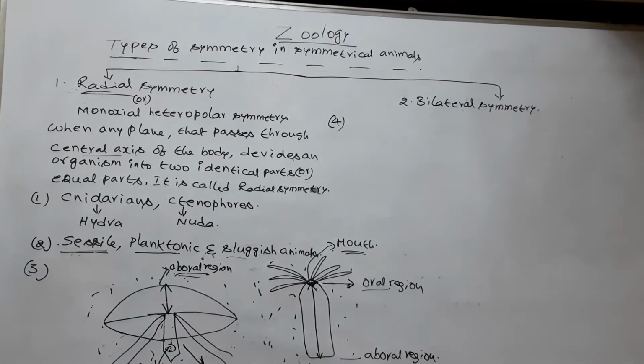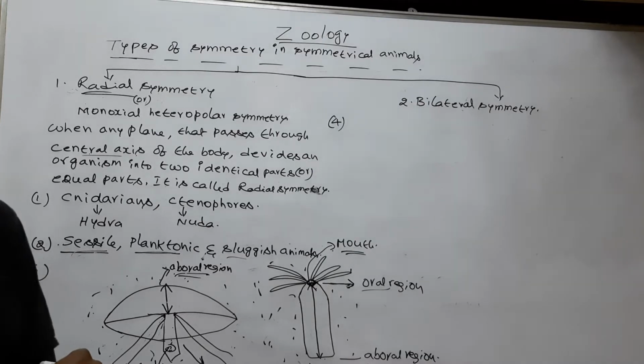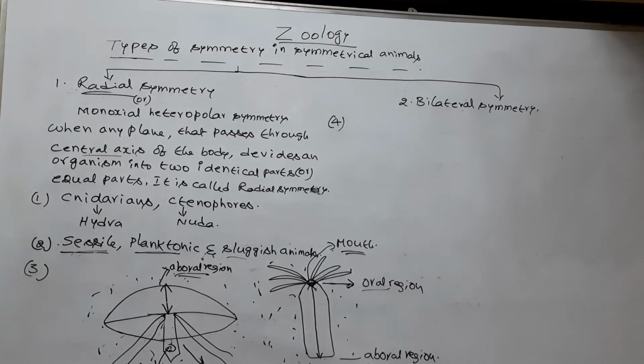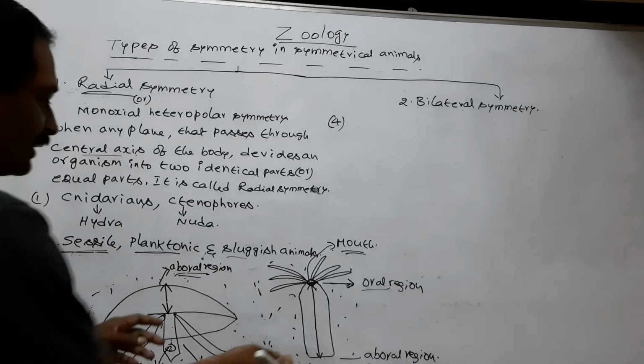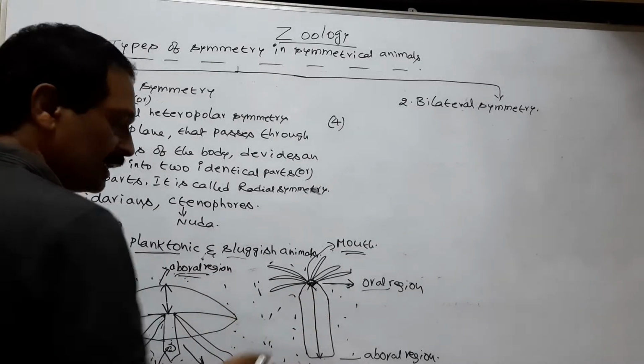Next, the animals which exhibit radial symmetry are aquatic, they live in water. They can respond to stimuli that arrive in all directions. For example, Hydra lives in water, so Hydra is aquatic.